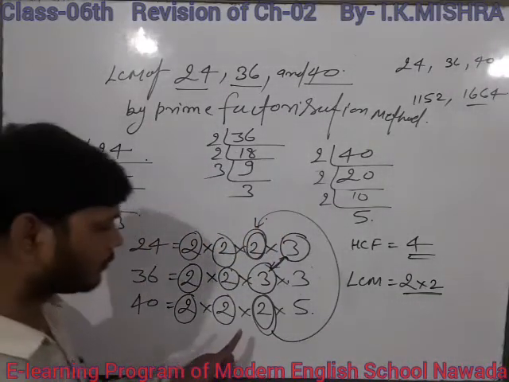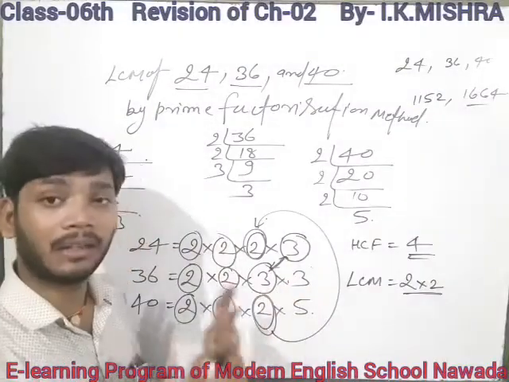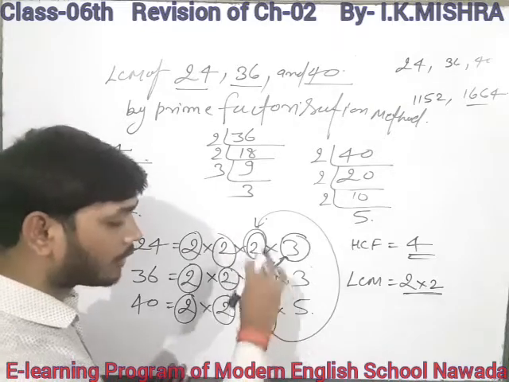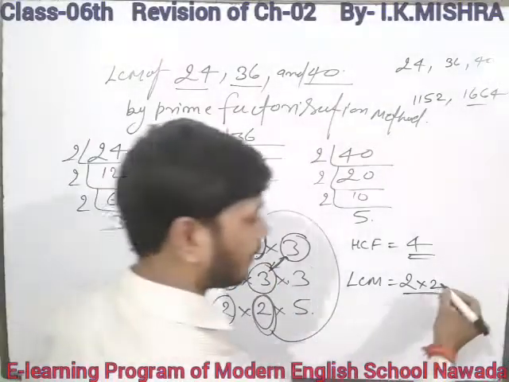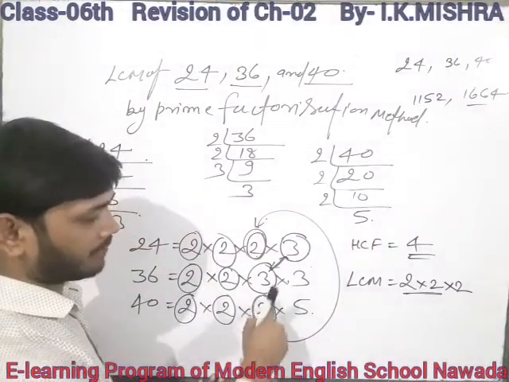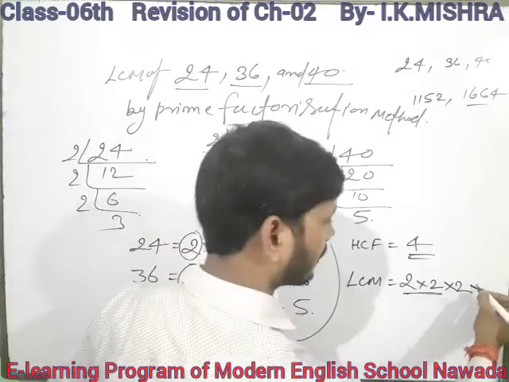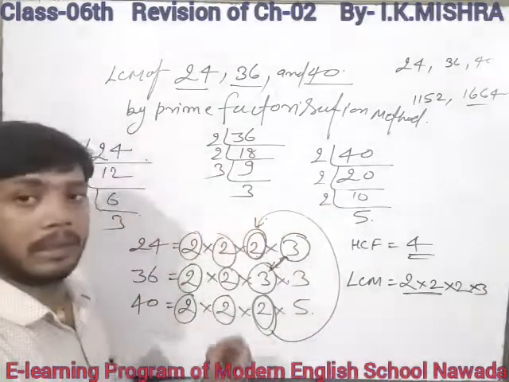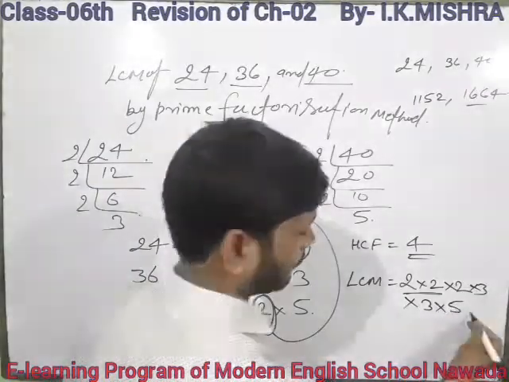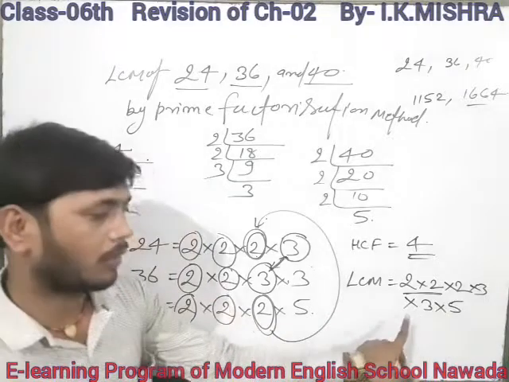And now write the factors which are common in at least two numbers. Here 2 and 2, write one time 2. This is common, and then 3 and 3 is common in this, so one time write 3, and then the remaining numbers, so into 3 into 5. I think this will be clear, and then you multiply.